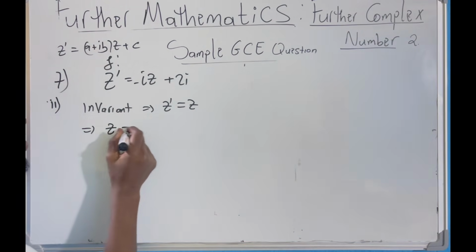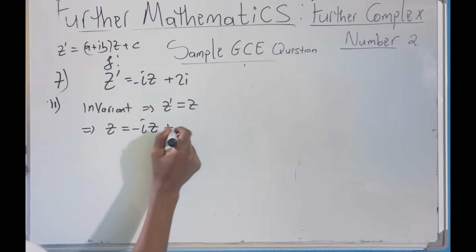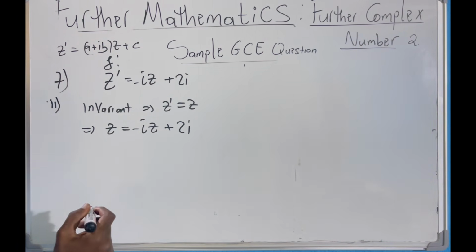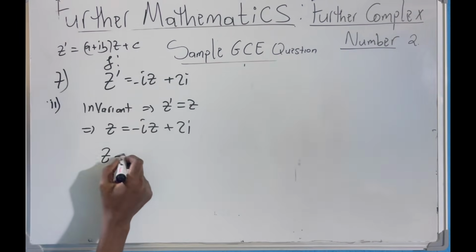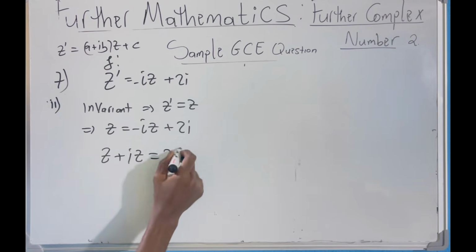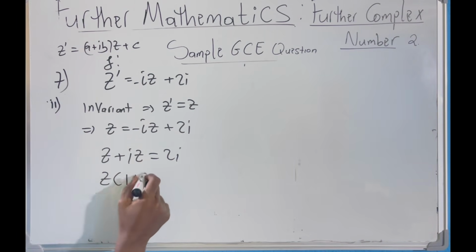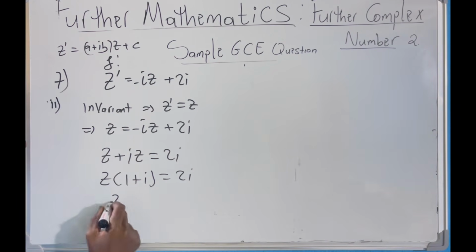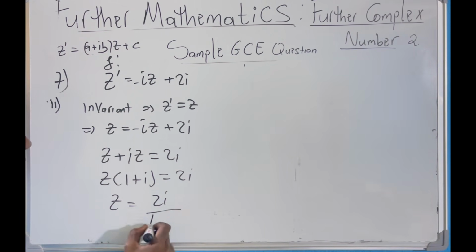This implies z equals negative i z plus 2i. Putting the terms together, I have z plus i z equals 2i. I factorize: z times (1 plus i) equals 2i. So z equals 2i over 1 plus i.